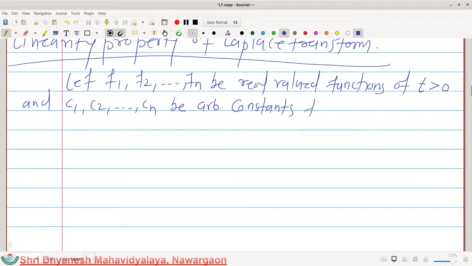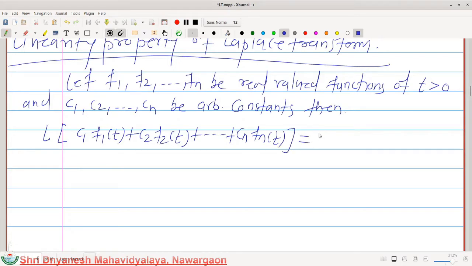Then Laplace transform of c1 f1(t) plus c2 f2(t) plus so on cn fn(t) equals c1 F1(s) plus c2 F2(s) plus so on cn Fn(s). I hope you are getting this.